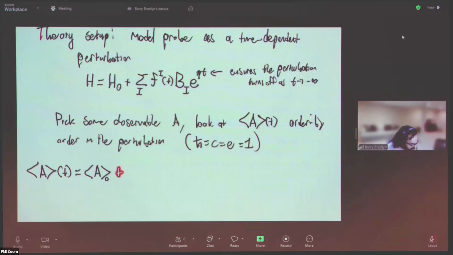Okay. At 1st order, we want to see how A of t can depend linearly on f. So the most general thing we can have is we sum over all of the components of the field, we integrate over all of the possible times that we could look at f at.